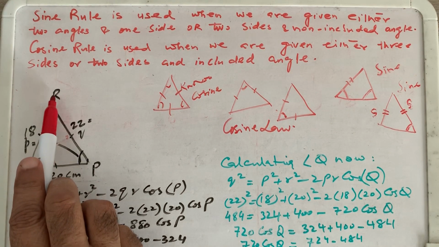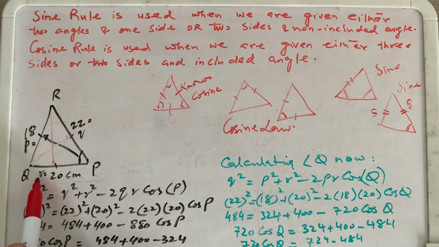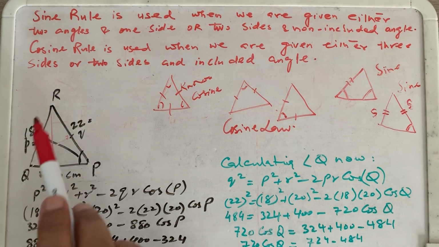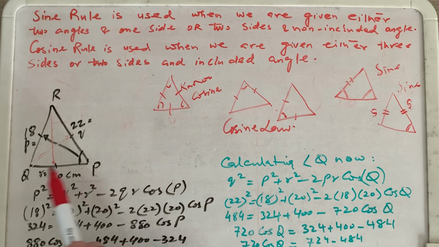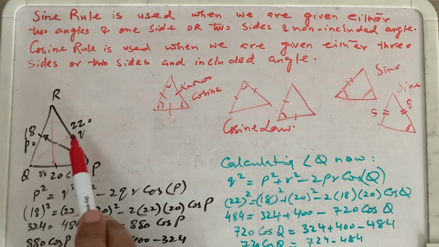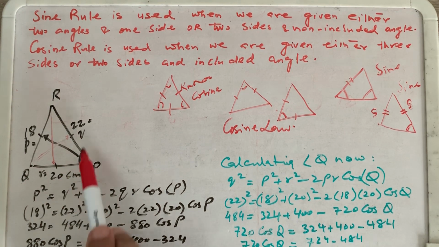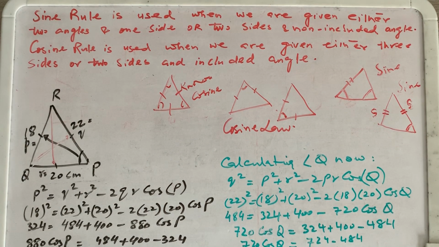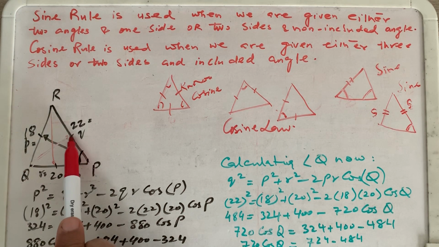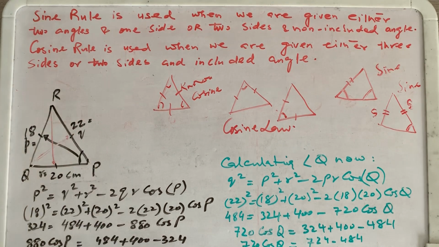So R is here, opposite is this, so this is small r, the measure of QP, which is 20 centimeters. The measure of RP is opposite to angle Q, so it's small q. All 3 sides are known, so we arrange these sides as per the vertices or angles given. Q is this angle, and the opposite side is this, so q is 22.